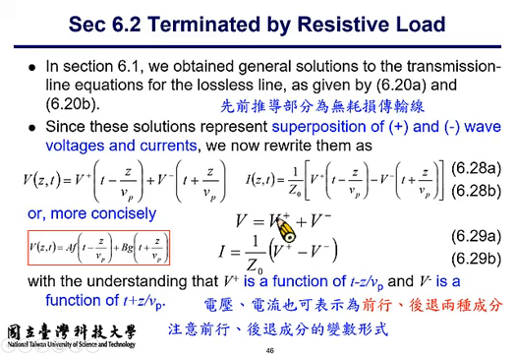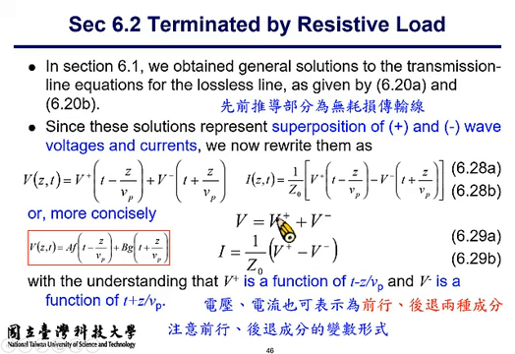The voltage over current ratio on a transmission line is referred to as the characteristic impedance. So the current function is written as 1 over Z sub 0 times V plus minus V minus. So you need to know that there's a minus sign on the V minus part, while the V minus part in the voltage description comes with the positive sign.